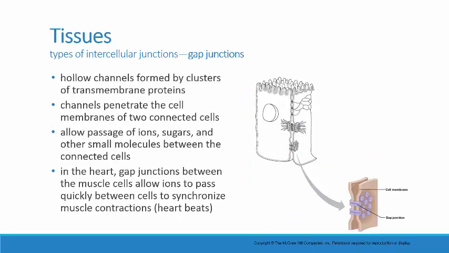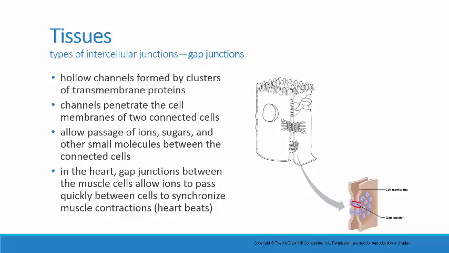Last of all are the gap junctions. So these are intercellular junctions that hold the membranes close to each other, but again, they're not tight junctions, they're not sealing. But the thing that is characteristic to them is that when these transmembrane proteins connect to each other, they form a channel between two cells.